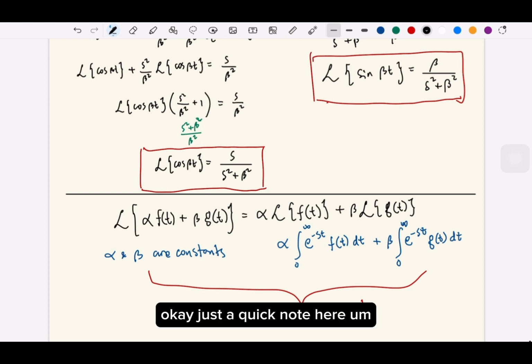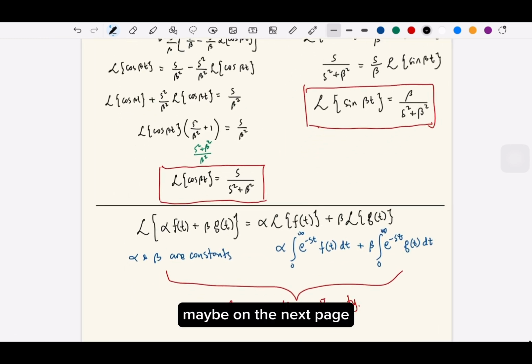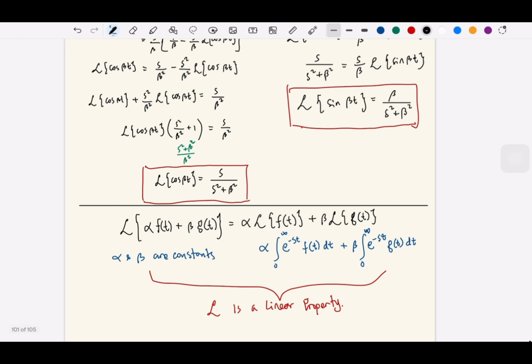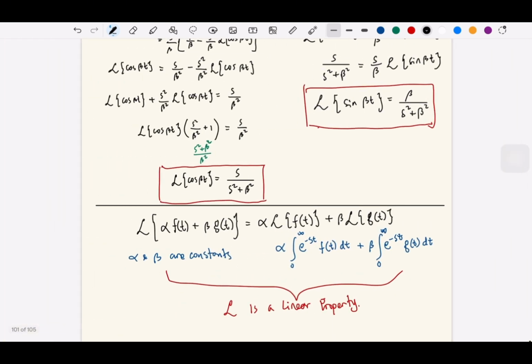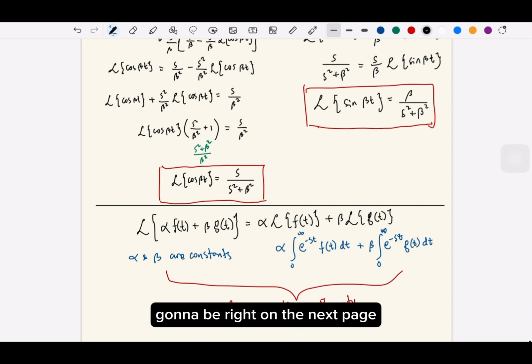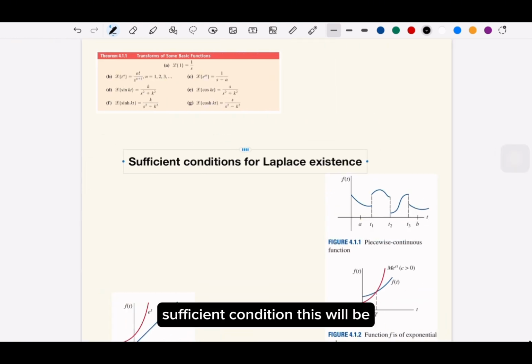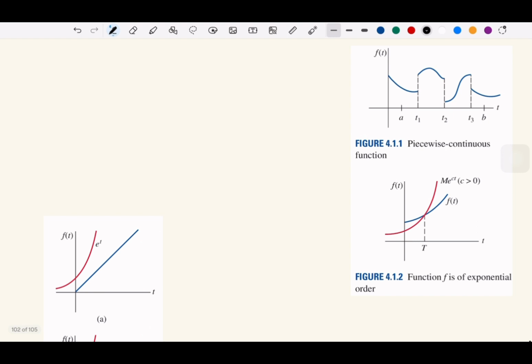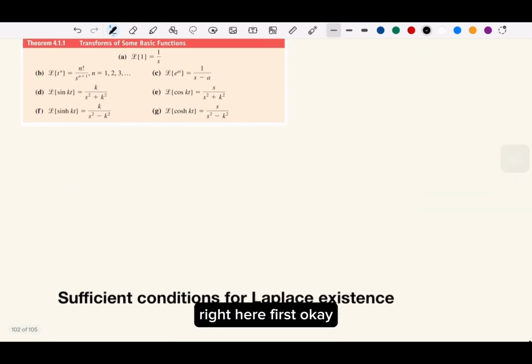Okay, just a quick note here, maybe on the next page. Let me write on the next page. The sufficient condition, let me write here first.